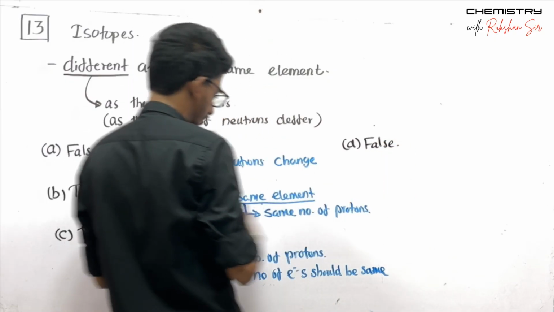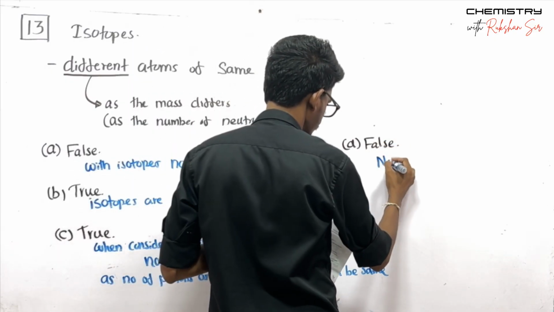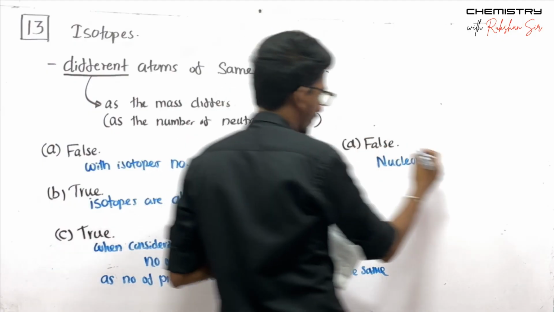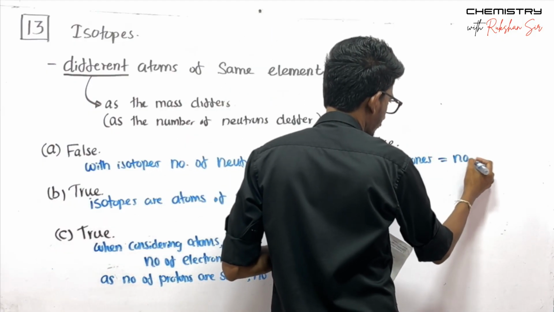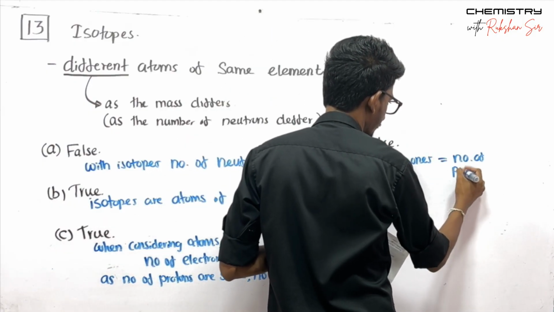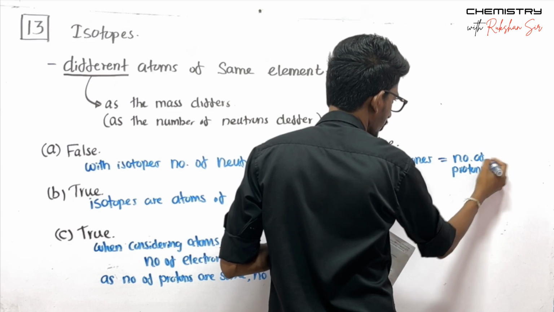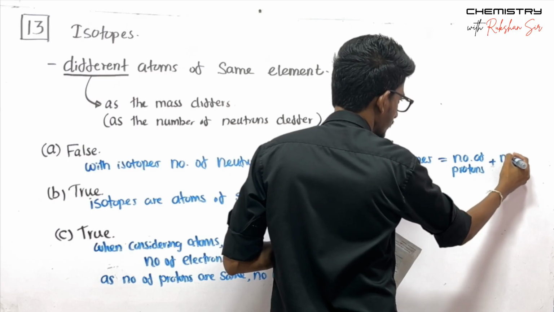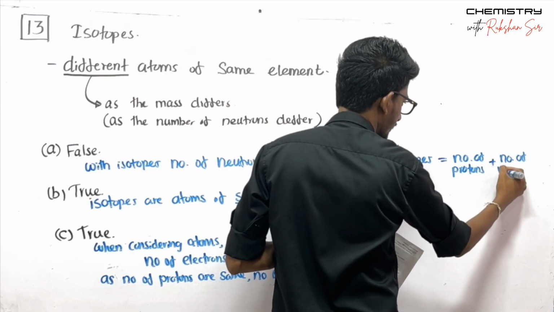So what are nucleons? Nucleons are equal to the number of protons plus the number of neutrons.